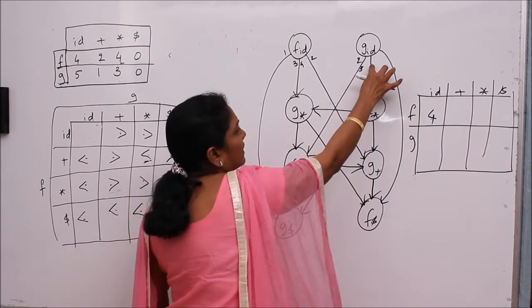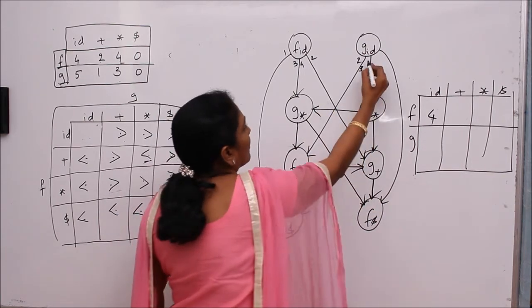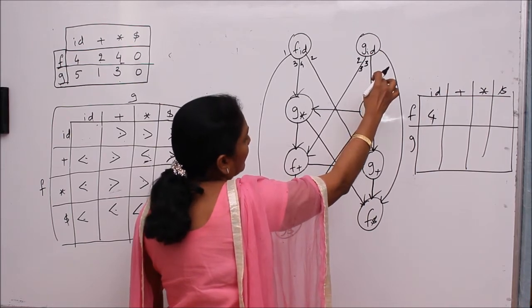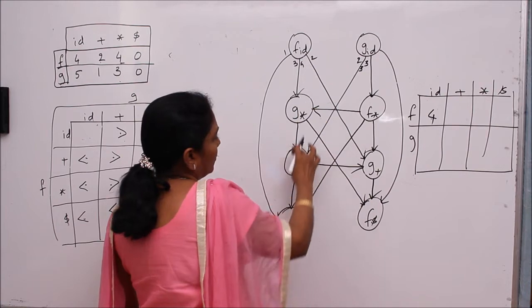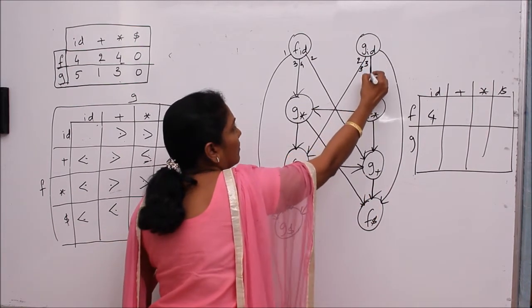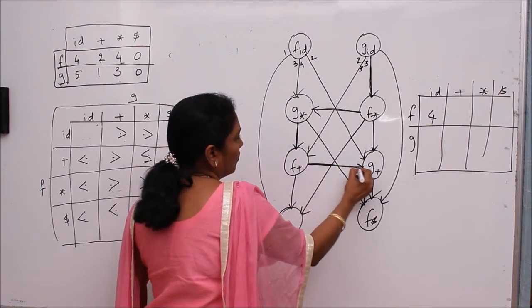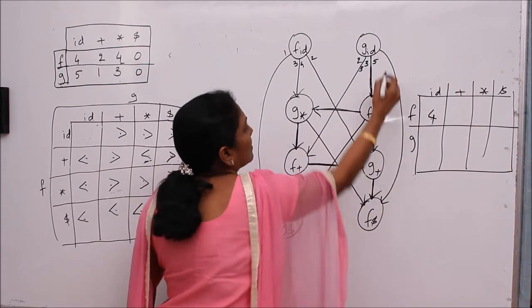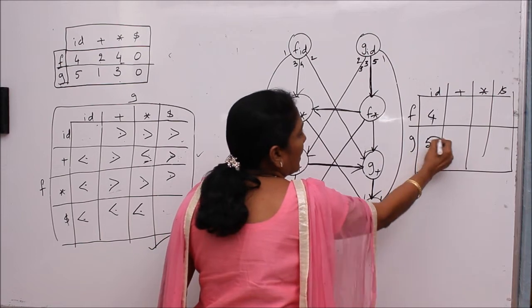If I take this particular edge, it is 1, 2, 3, or I can have something like 1, 2, 3, 4, 5. I repeat, 1, 2, 3, 4, 5. So I can have 5, or if I take this, it is only 1. So out of all, the longest is 5.